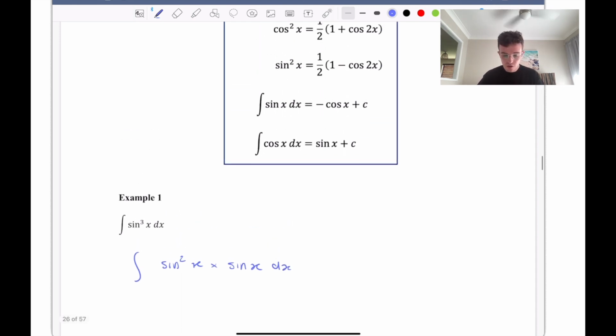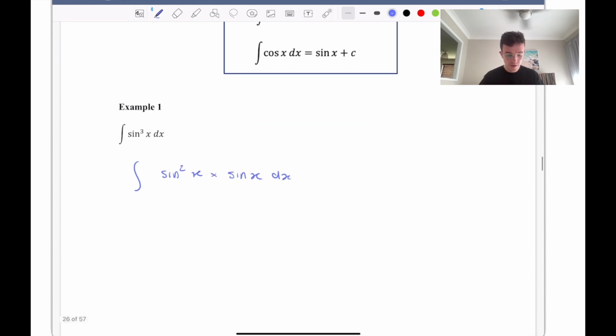Now, we know the integral of sine squared of x is half cos 2x. We also know that sine squared of x is 1 minus cos squared of x. So those two things potentially could be useful to us, and we're going to consider them here.